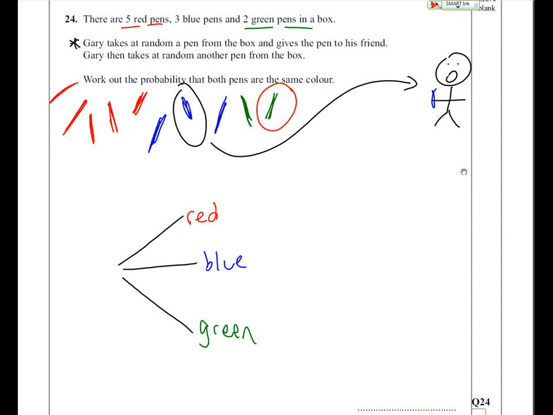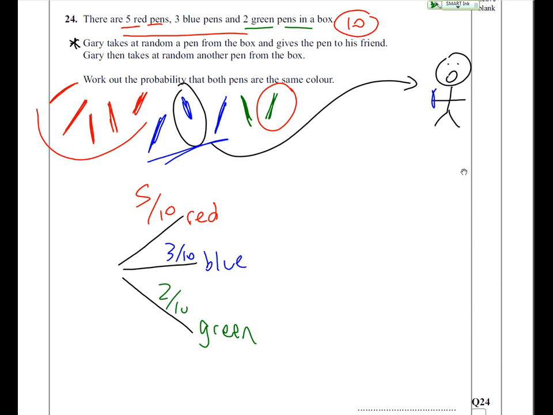At first, there are 5 reds out of a total, if you add them up, 10 pens. So it's 5 out of 10. I'm not going to simplify. You'll see why. Okay. 3 out of 10 are blue, and 2 out of 10 are green.